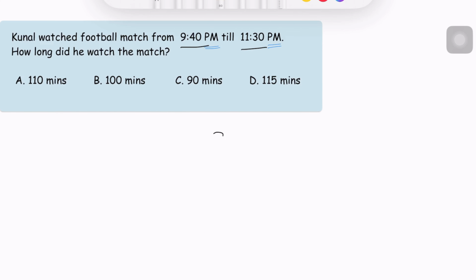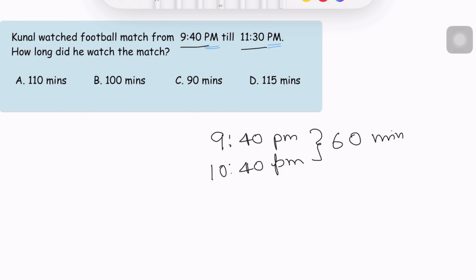So he started watching at 9:40 p.m. You also need to be careful that both should be p.m. or a.m. Started watching at 9:40 p.m., and from 9:40 till 10:40 p.m. is 60 minutes. 10:40 to 11 p.m., how much? 20 minutes.